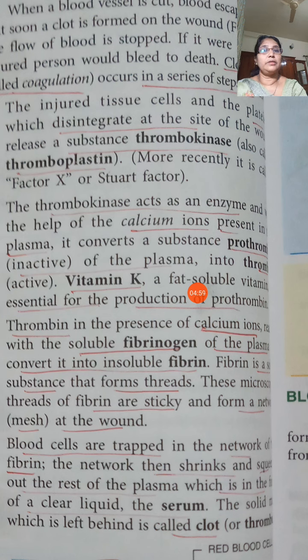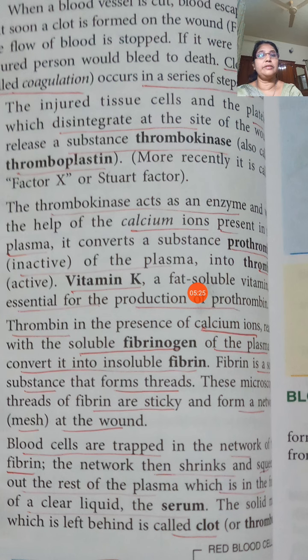Fibrinogen is the substance from which the fibrin is formed. Then that forms sticky threads, and they form a network at the mouth of the wound. Blood cells are trapped in that network of fibrin. Then that forms a blood clot.